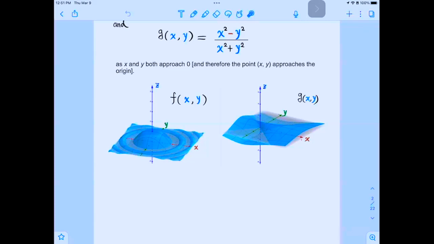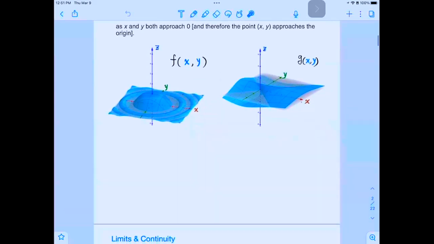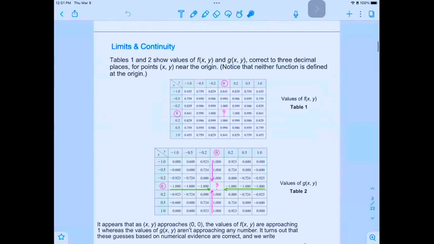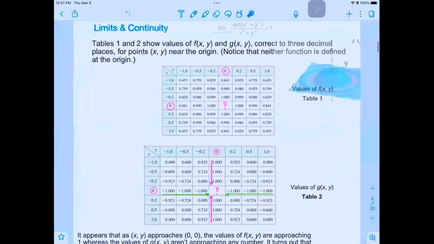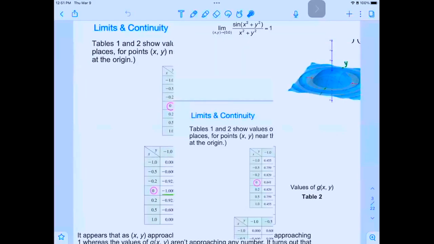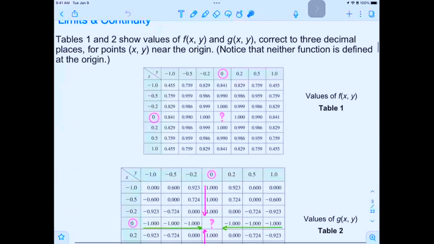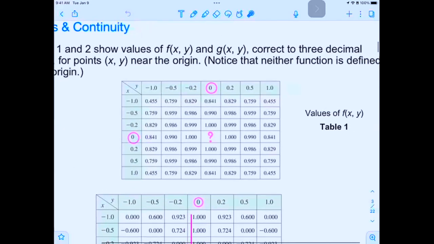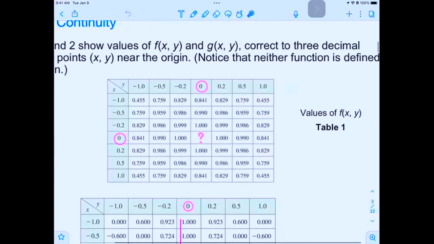For that one. Now maybe we can use a table. Remember, we can study a function by table, right? The first table over here is for the values of f of x, y.